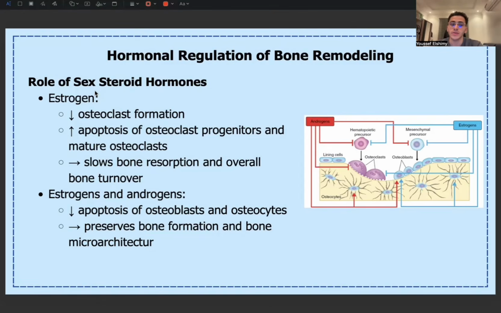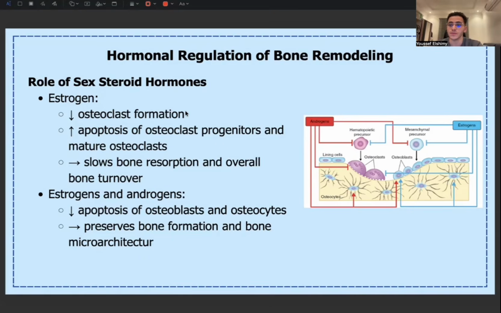and especially estrogen. So estrogen has a protective effect against osteoporosis. Why does that happen? Because estrogen decreases the osteoclast formation. You know that bone remodeling is a balance between bone formation and bone resorption. So if there's decreased osteoclast formation by estrogen, also estrogen plays a role in increasing the apoptosis of osteoclast progenitors and mature osteoclasts.